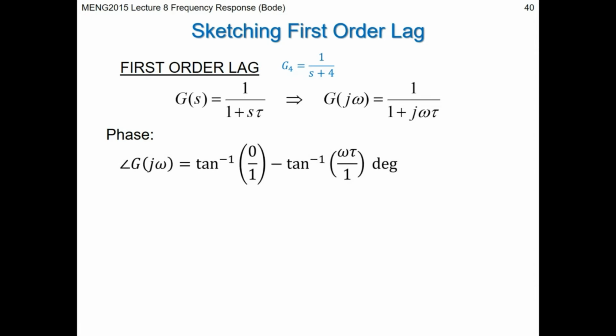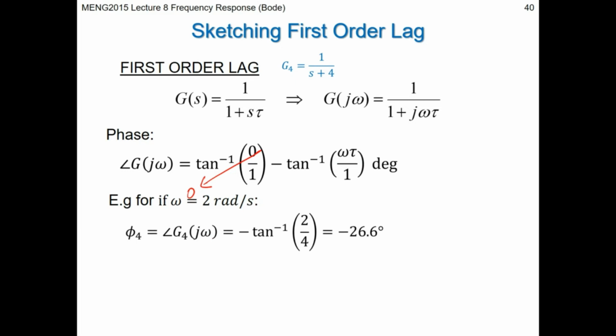So then let's look at the phase part. Again, we take the phase of the numerator minus the phase of the denominator. The phase of the numerator is 0 because there's no imaginary part. The phase of the denominator is going to be negative tan to the minus 1 of our imaginary part omega tau over 1.